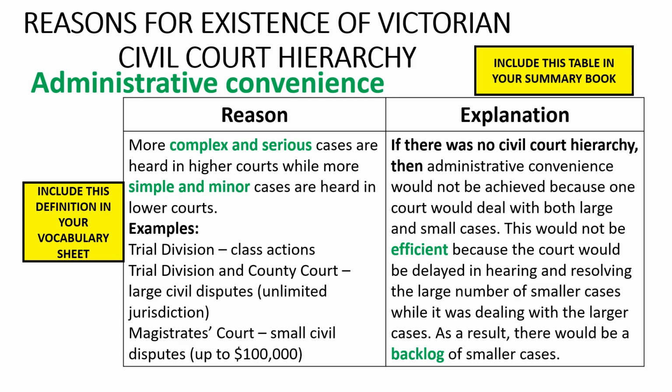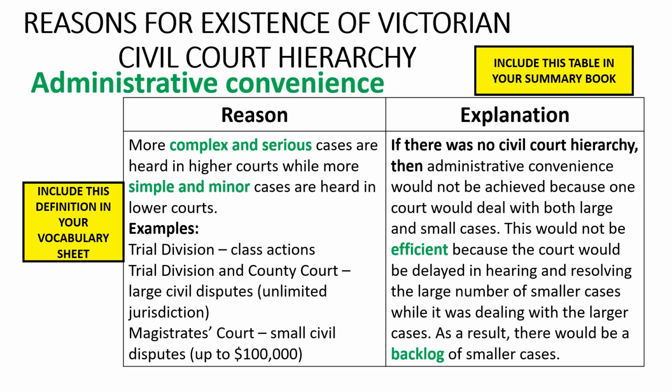Class actions are also more serious cases because they often involve very large damages claims, given that a large number of plaintiffs will be suing the one defendant. As a result, it is more efficient for class actions to be dealt with by the trial division, whereas smaller civil disputes are dealt with by, say, the magistrates' court, because otherwise these large class actions would delay the hearing of the smaller civil disputes.